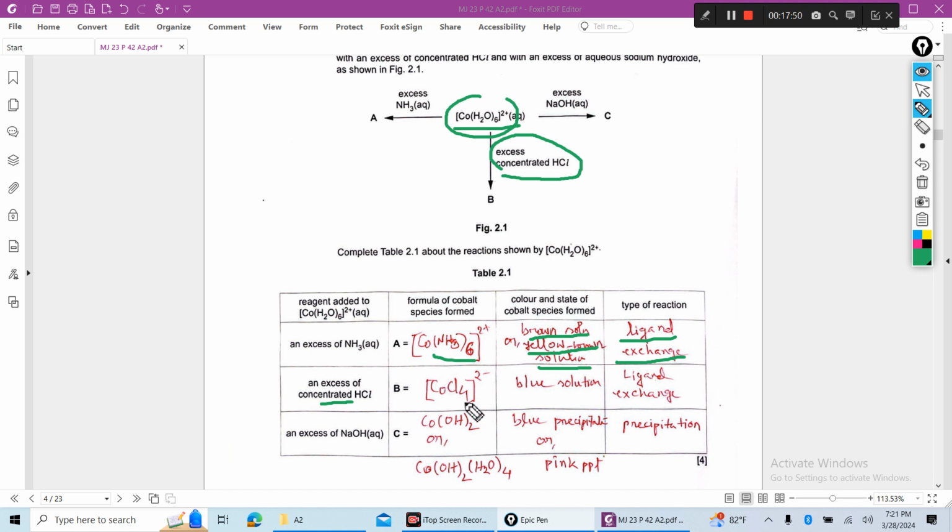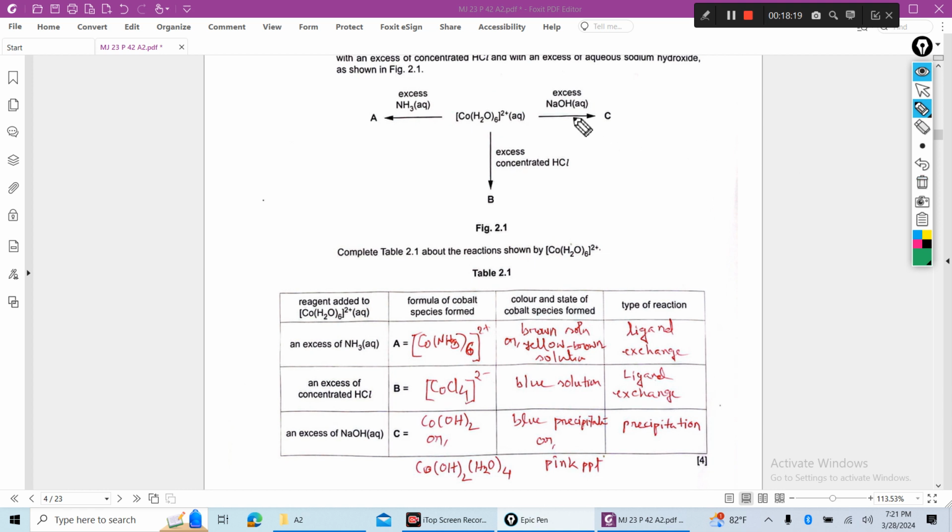So the product will be tetrachlorocobalt 2, and this is a blue solution. This is a common reaction: if you add concentrated hydrochloric acid to the hexaaqua cobalt 2 ion, the tetrachlorocobalt 2 ion is formed, the color is a blue solution, and this is also a ligand substitution reaction or ligand exchange reaction.